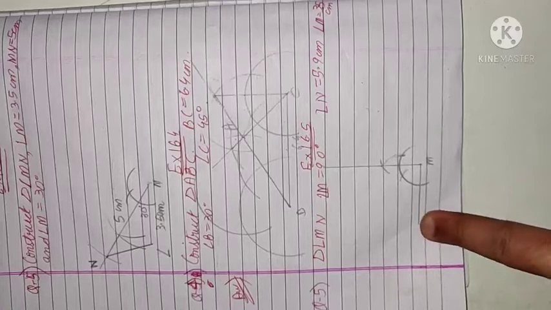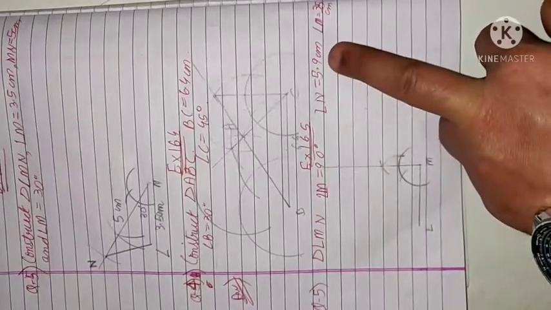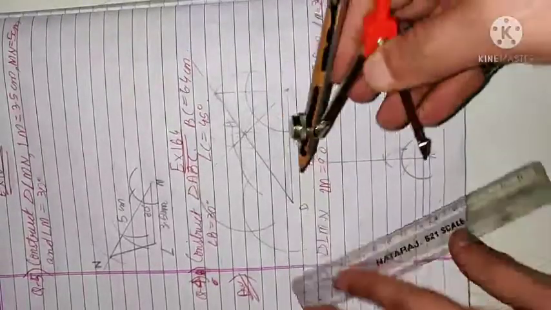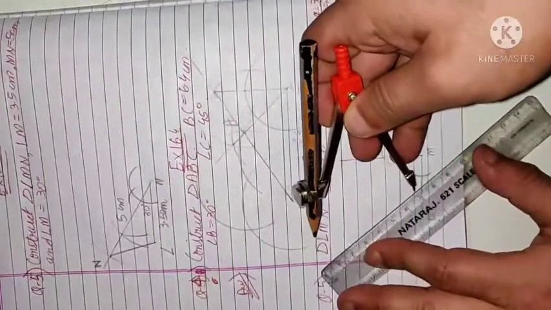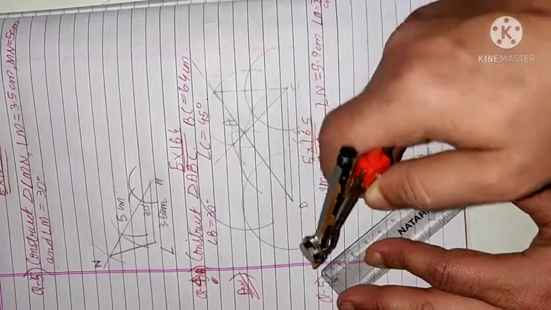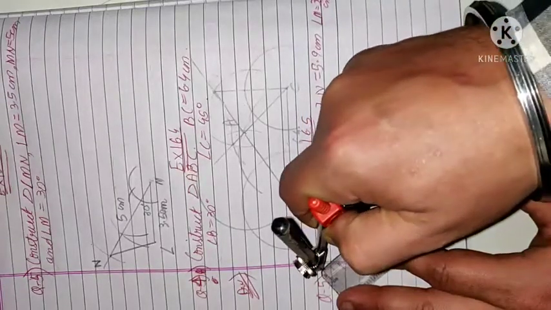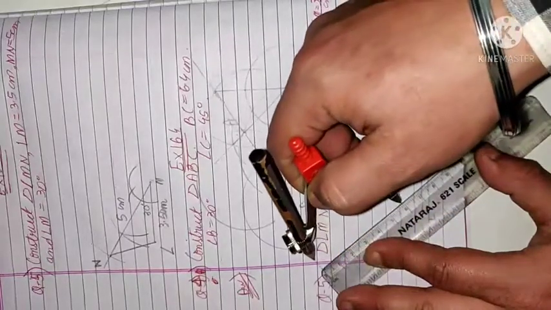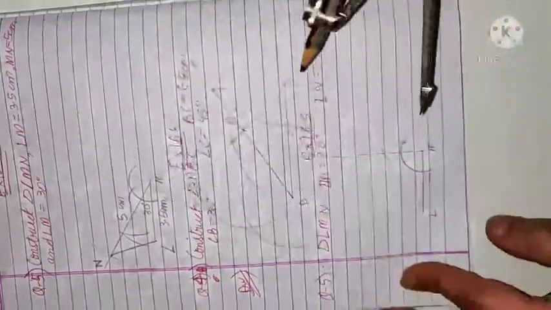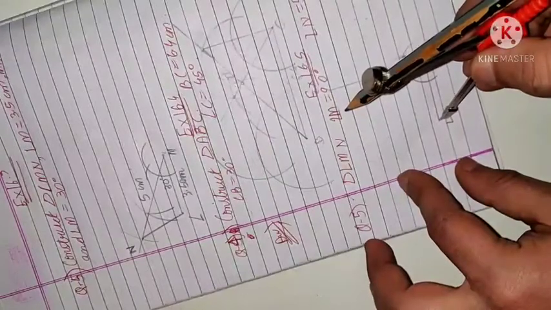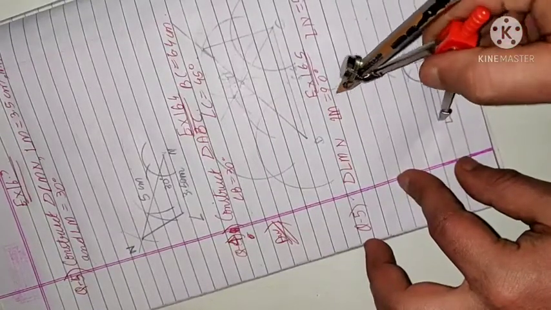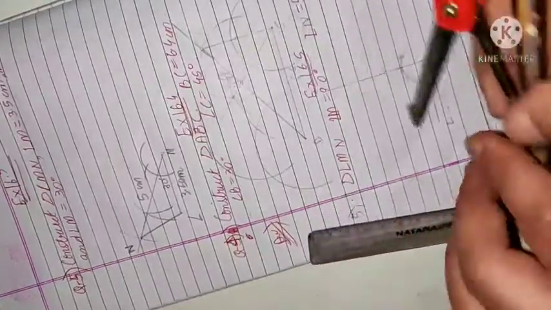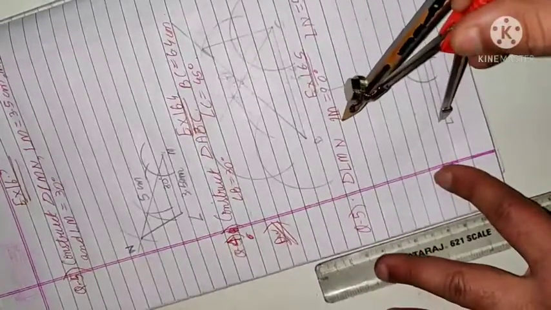So through L, the N point is at 5.9 centimeters. So through L we will take an arc of 5.9 centimeters. So this is our 5.9 centimeters. Okay. So now through L, an arc of 5.9, it meets here. So this is our point N.